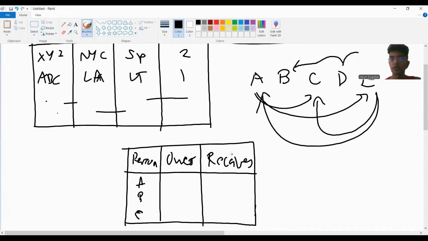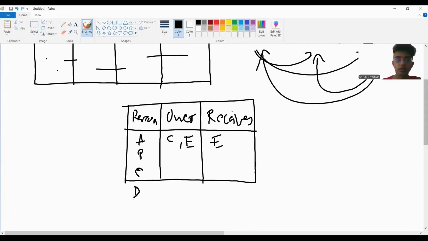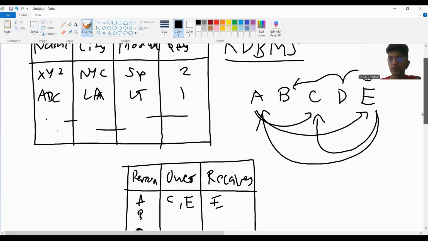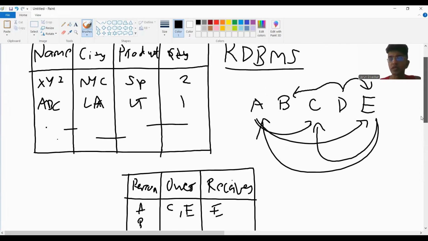So A owes money to C and to E and receives money from E. That's it, right? And then E owes money to C and A, right? D and E. So E owes money to C and A. And then D owes money to B and E, right?